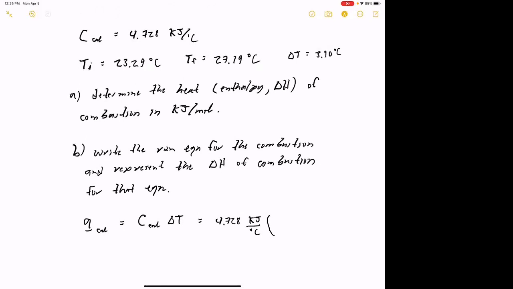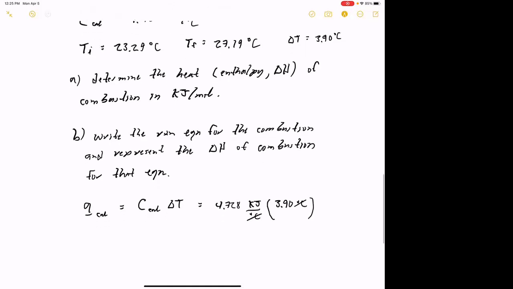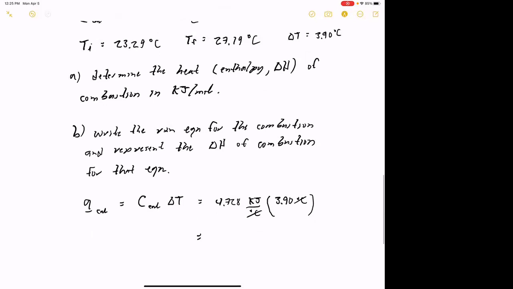You guys could check that for me if you wanted to. So I'm going to multiply by that. And you can see what's going to happen units wise. The degrees Celsius are going to cancel each other out, and that's going to leave me with a heat. So I'm going to end up with a heat in kilojoules because that's what my calorimeter constant is in terms of. And I end up, with sig figs, getting 18.4 kilojoules.